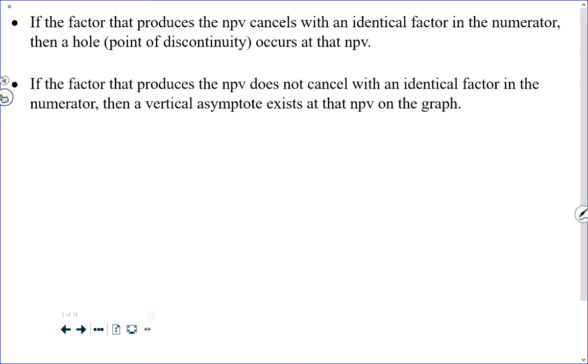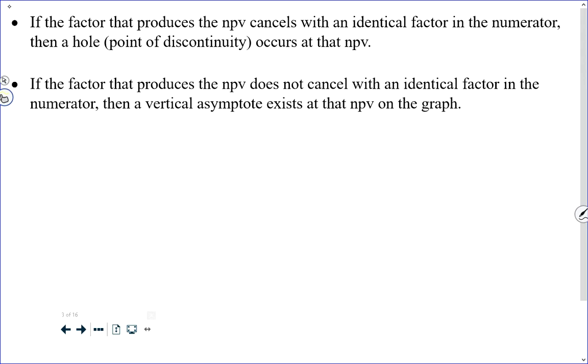Now, the non-permissible values that you get by looking at the denominator of a rational function could exhibit themselves on a graph in one of two ways. They could reveal themselves with the appearance of a vertical asymptote, or what might be there instead of a vertical asymptote is a hole in the graph, sometimes called a point of discontinuity.